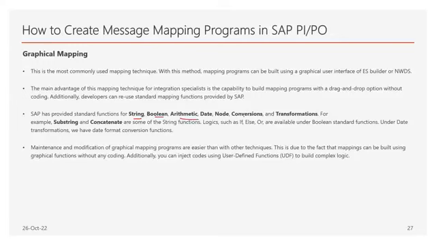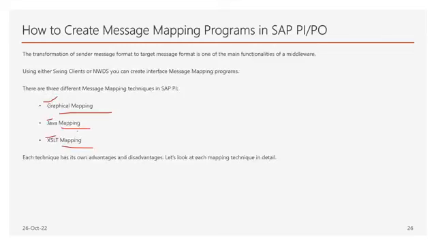All these are multiple categories of functions provided to us by SAP. Using these function categories, we try to implement the interface according to our requirement. Okay. At the same time, we have an option to write custom code using UDF, Java mapping, and XSLT mapping also. Okay.